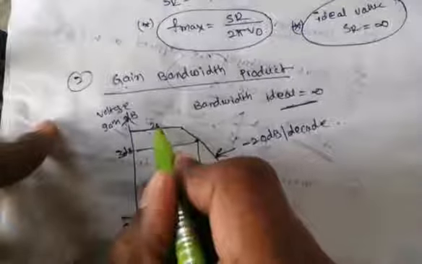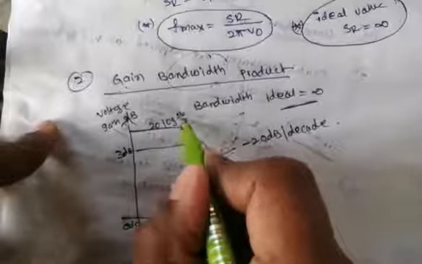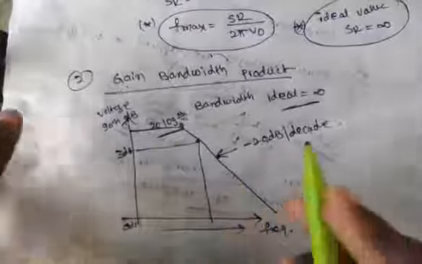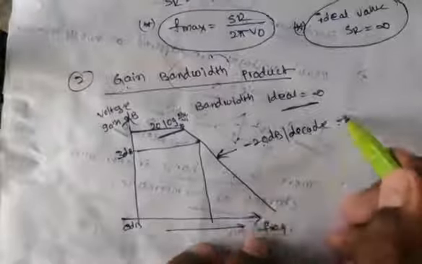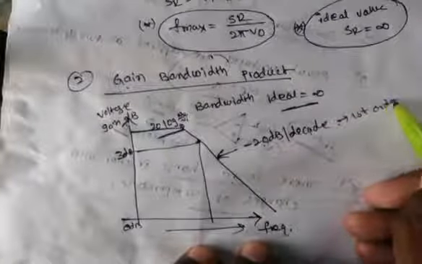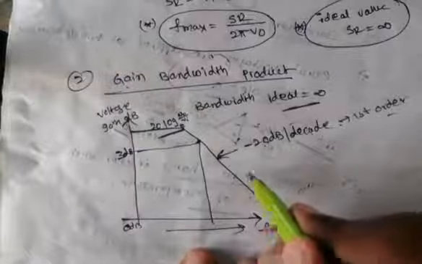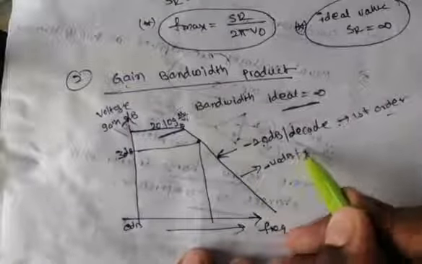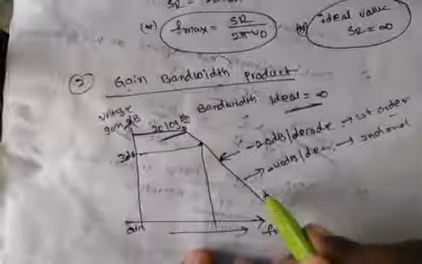So here the gain is 20 log of V0 by Vi at base 10. After that, 20 dB per decade is the first order roll off. In second order it will be minus 40 dB per decade; this belongs to the second order roll off.